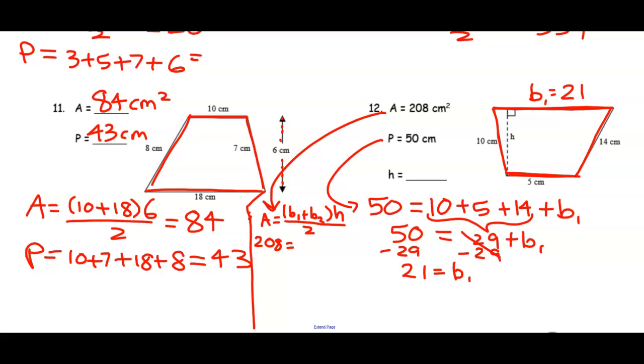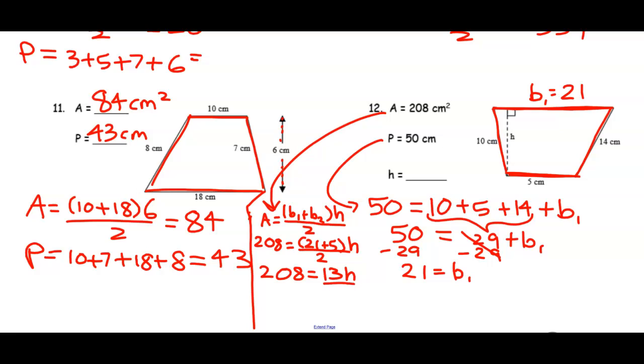Base 1 plus base 2, so it's going to be 21 plus 5, times the height, which we don't know, divided by 2. Now, I can do this 21 plus 5 over 2 first. What's 21 plus 5, in parentheses, divided by 2? 13. So this is really 208 equals 13H.